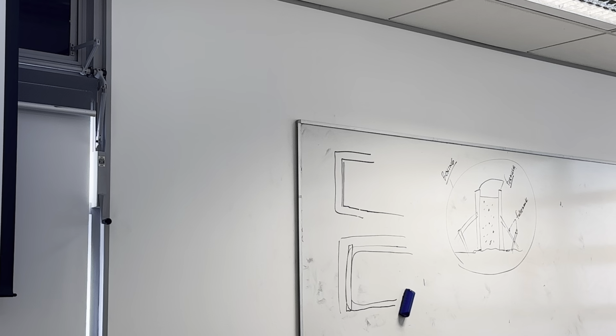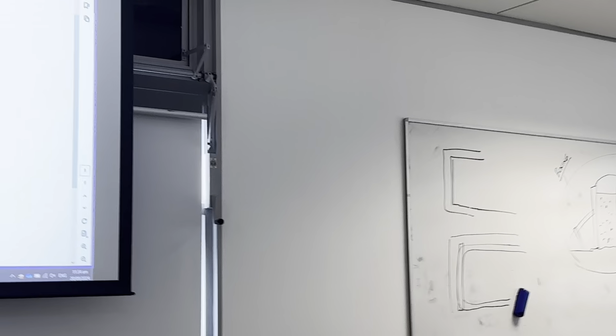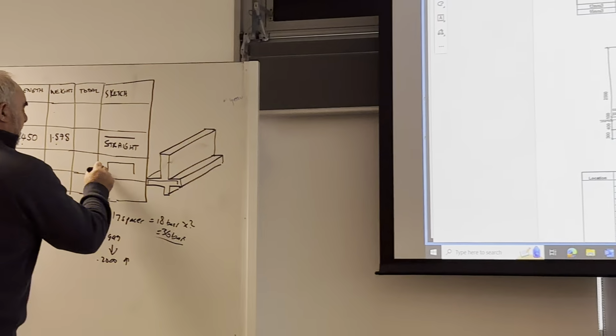So, coming back to here, we have a U-shaped bar, and we'll start to draw a sketch of it. The U-shaped bar is going to be 400 minus 50 minus 50. That's easy, 300 on both sides.